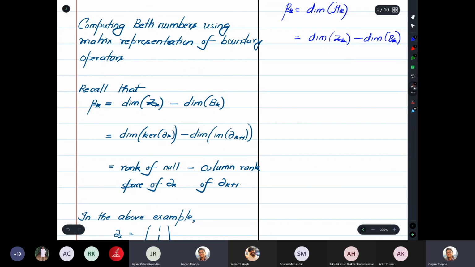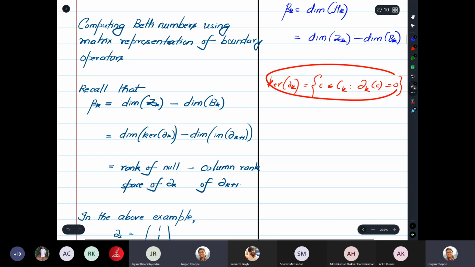Now from our linear algebra class, we would know that the dimension of the kernel of a linear operator is precisely the rank of its null space, right? The kernel of daba k, recall, is basically all chains c in Ck such that daba k of c is 0. This is the collection of chains which is mapped to 0, and we are interested in knowing the dimension of the kernel of daba k.